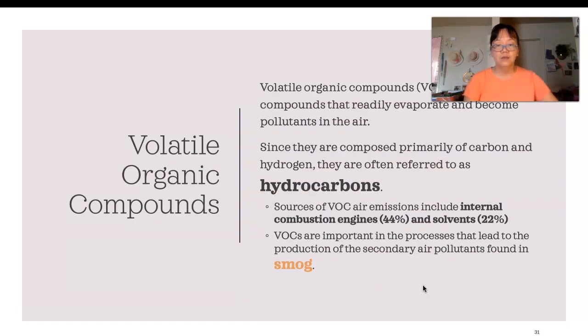The last few I'm not going to test in my exams, but I definitely need you to know what volatile organic compounds are. They are mainly hydrocarbons, organic compounds which are nasty and have unique features. The sources of those compounds include internal combustion engines and solvents, and also burning processes.